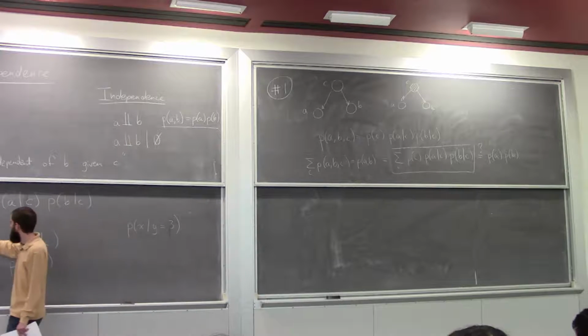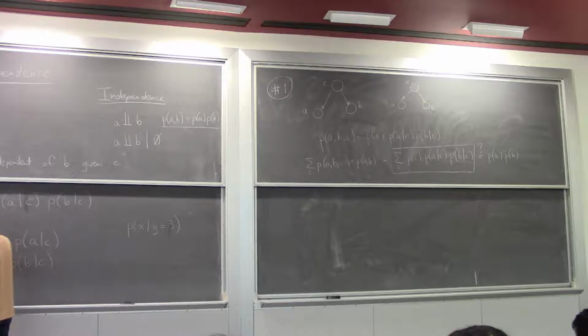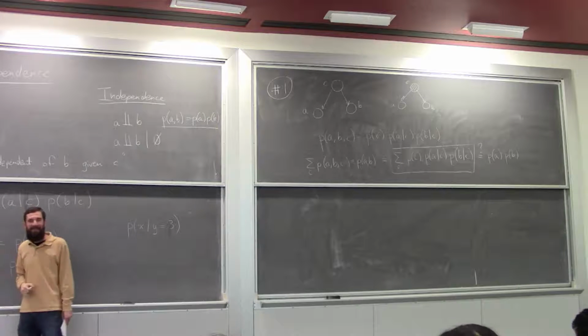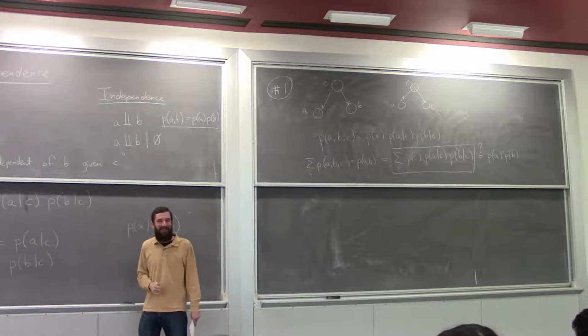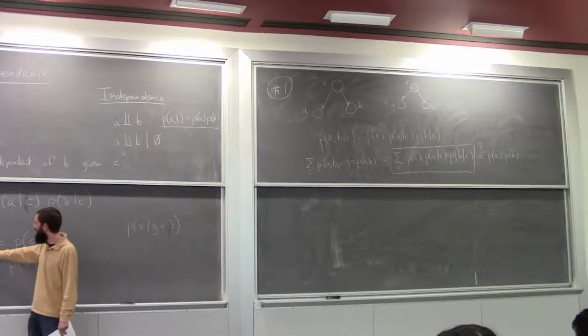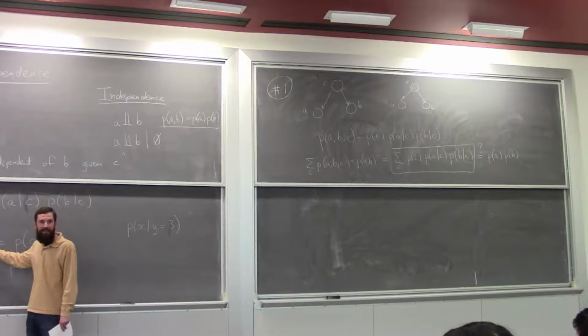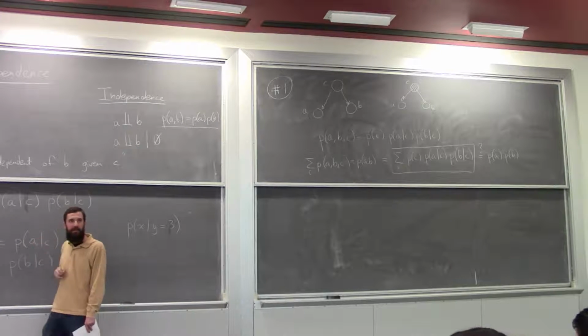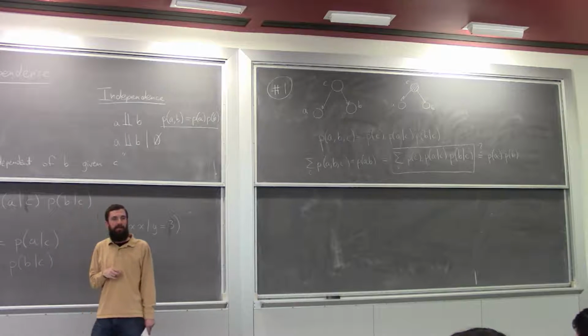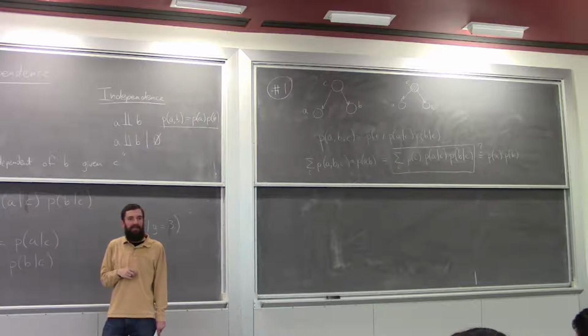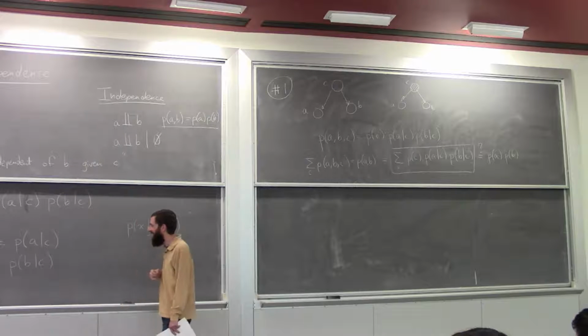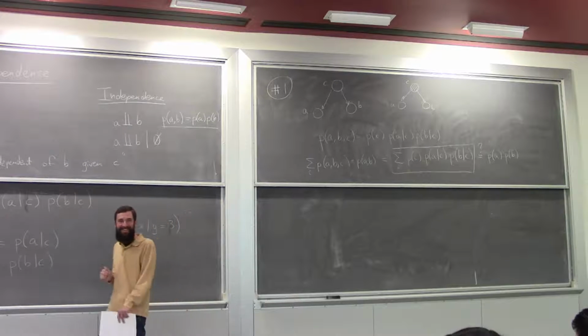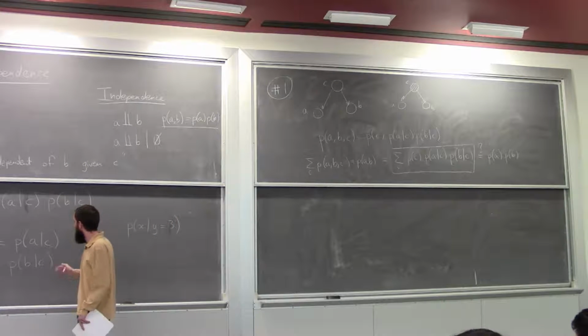Yeah, I could rearrange this if that helps. And then you just have to rearrange your alphabet. So if I know B, it doesn't give me any further information on the probability of A given C. Right. Yeah, that's the same.